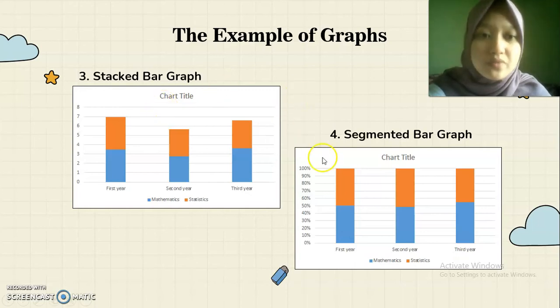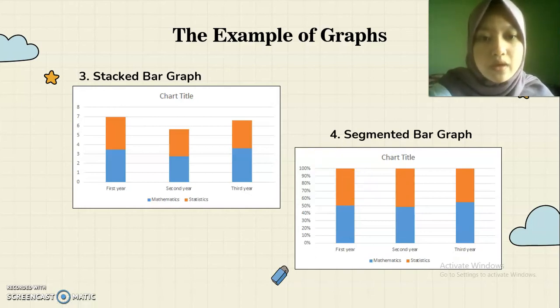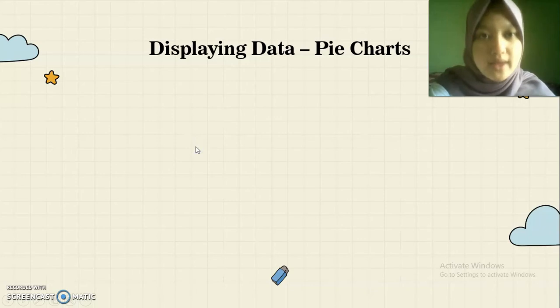And a segmented bar graph is a stacked bar graph where each rectangular bar shows 100% of the dependent variables. And also in displaying data techniques, there is the pie chart.